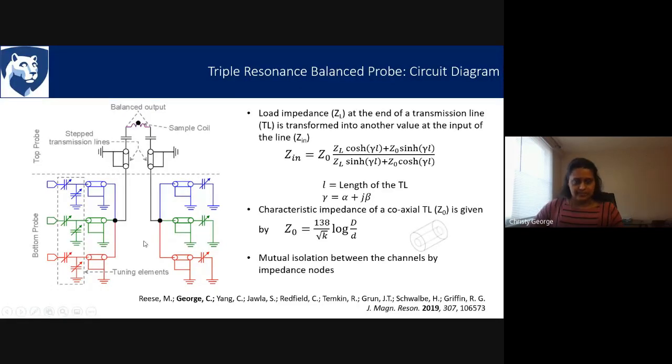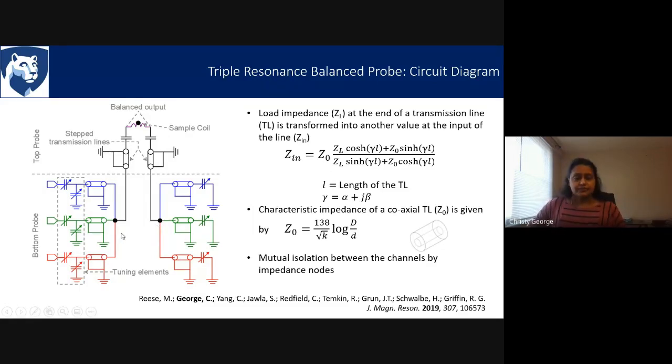So in this circuit diagram, the 3 different colors represent the 3 different channels, and they are joined together at some point, and then it goes to the RF coil through the same transmission line. Now, in addition to the main impedance node at the center of the RF coil, in this circuit diagram which we have designed, there are two more impedance nodes, one on the balancing side and one on the tuning matching side.